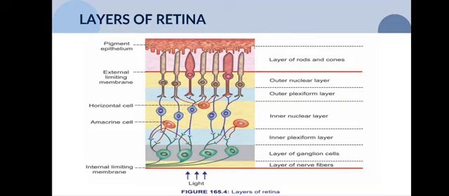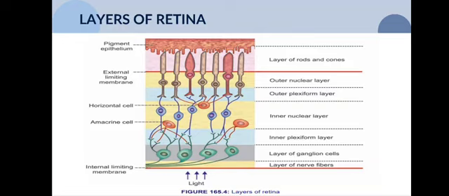The next layer is the inner plexiform layer, where the synapses take place between the axons of bipolar cells and the dendrites of ganglionic cells. In the layer of ganglionic cells, the ganglionic cells are situated.